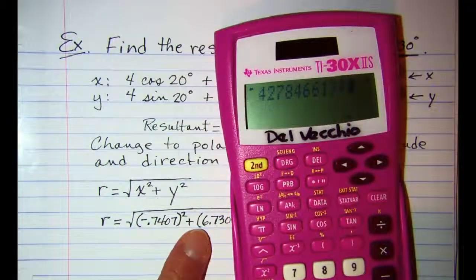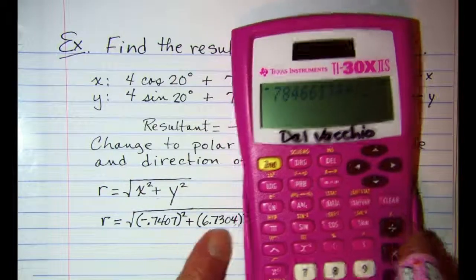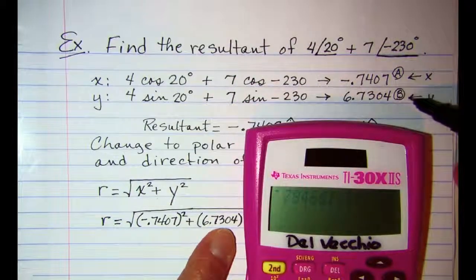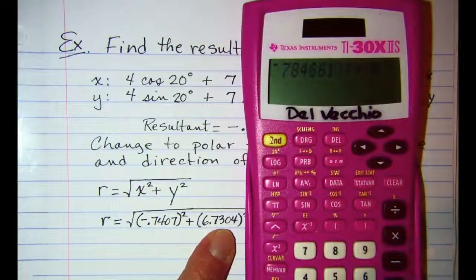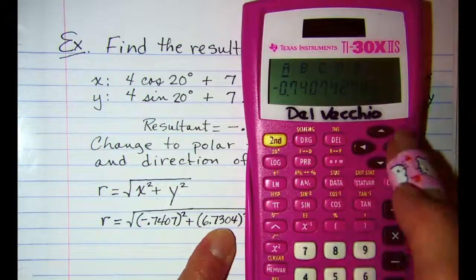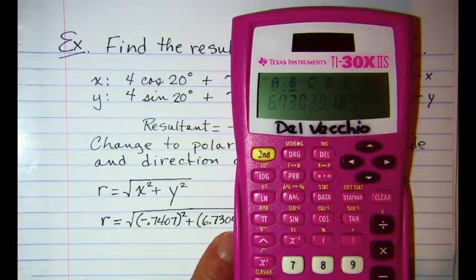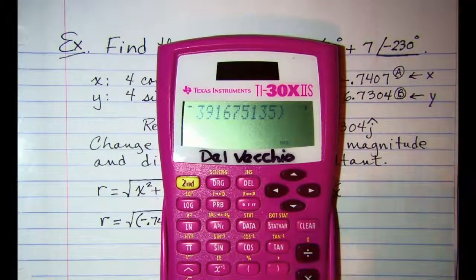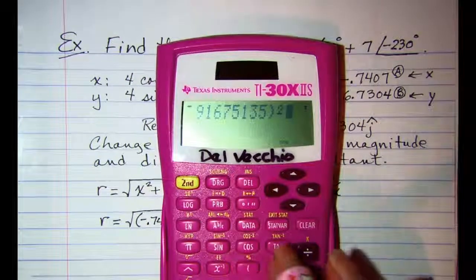plus, and then open my parentheses and recall the B value, which is my y, second recall, B, press enter, and then I want to close that up, square that value, and then close my radicand.